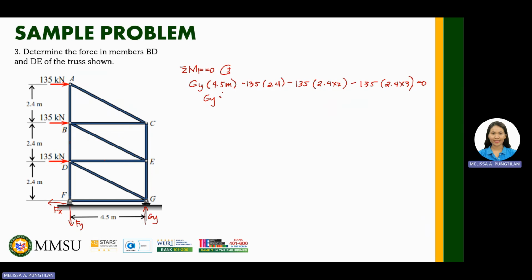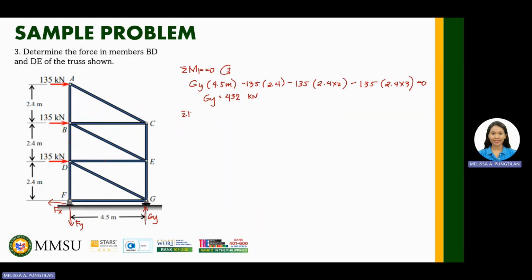Gy times 4.5 minus 135 of 2.4 minus 135 of 4.8 minus 135 by 2.4 times 3 is equal to 0. Okay. Therefore, Gy is equal to 432 kilonewton.